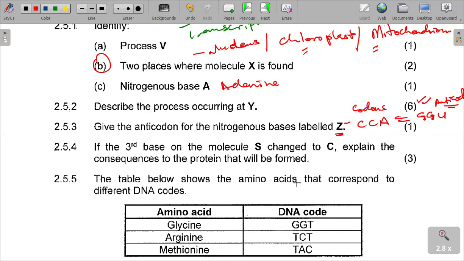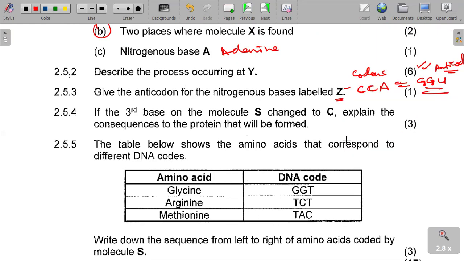Are we together there? I'm sure that you are getting this in regard to the complementary base pairing. That is what is happening. The answer is this one. Here I'm just extracting CCA for you to see where GGU is coming from. It is coming from the complementary pairing of the bases that you need to understand.